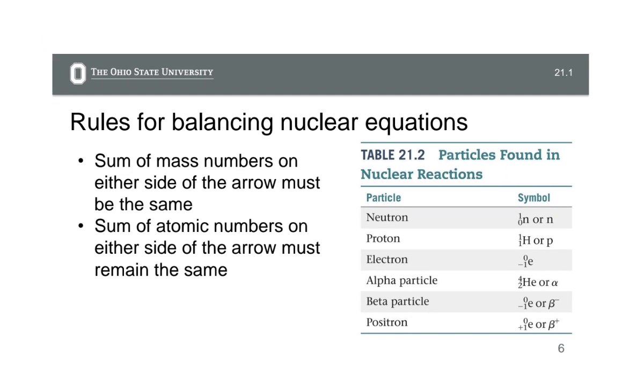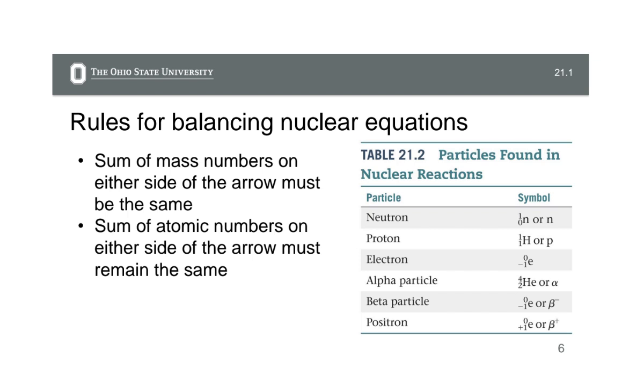It's actually fairly simple for writing nuclear equations and balancing them. If you can write your nuclide symbols comfortably, you can write these balanced nuclear equations. You do need to know the different particles that we are using in these nuclear equations.